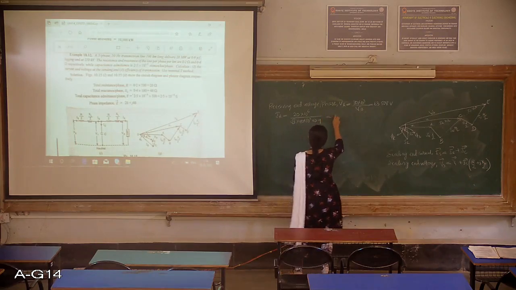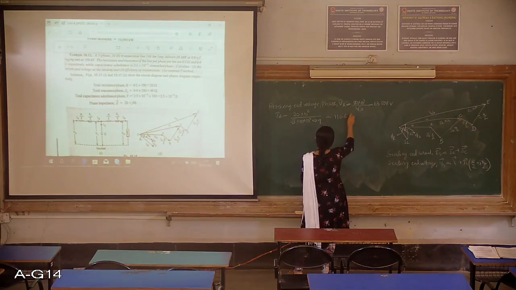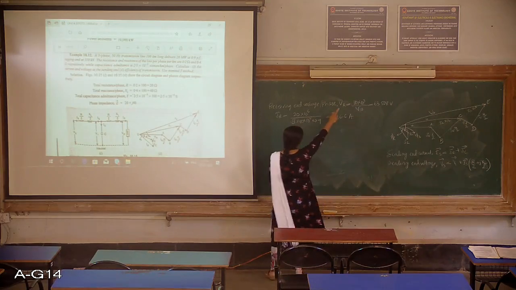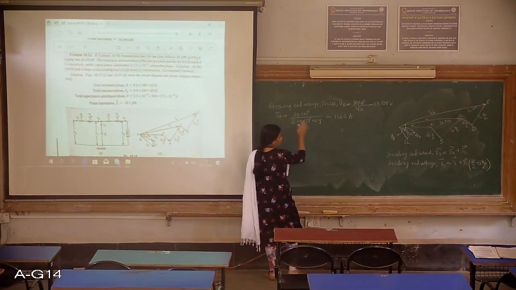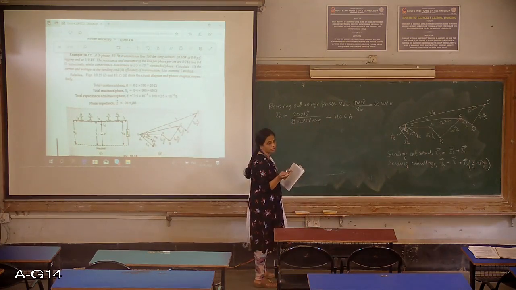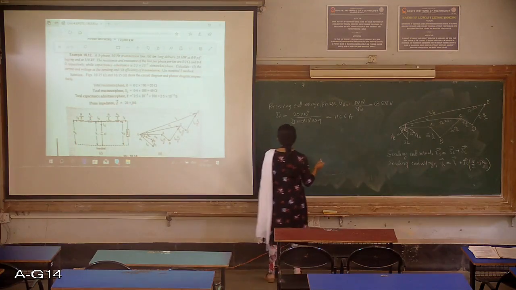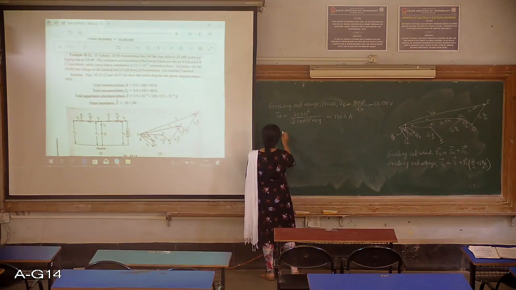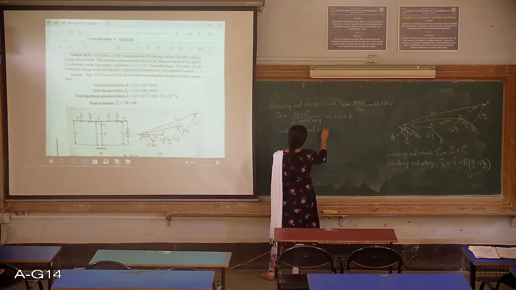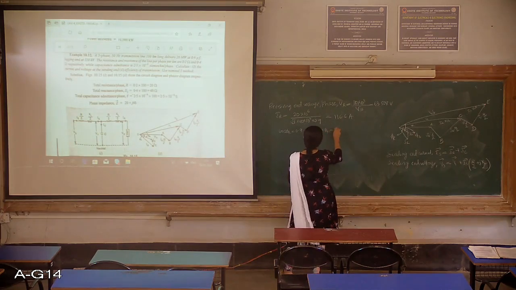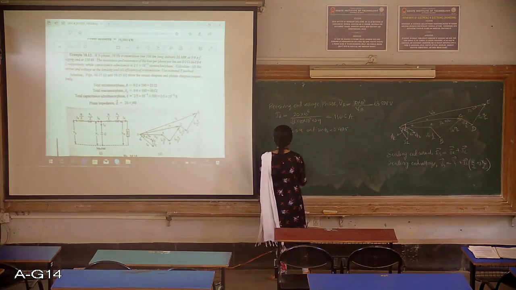So this comes out to be 116.6. Here you don't change the voltage, you have to take the three-phase voltage only. This root 3 comes from the power expression, root 3 VI cos phi. They have given cos phi r as 0.9 and sin phi r as 0.435.